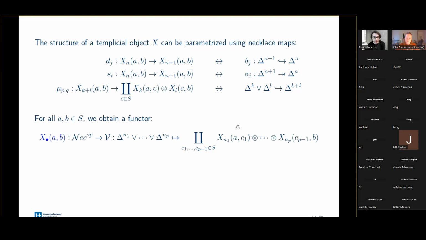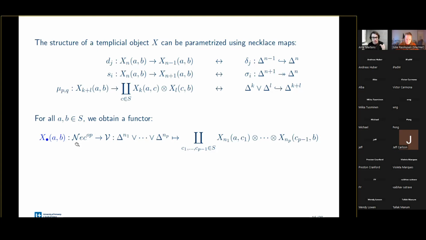So formally, what do we get? Given two vertices of my templicial object, we obtain a functor, X_{a,b}, which goes from the opposite category of necklaces to V. It's a kind of a co-bar construction. It takes a necklace like so and sends it to this object of V, which is this tensor product where the dimensions of the X's here correspond to the dimensions of the necklace here.